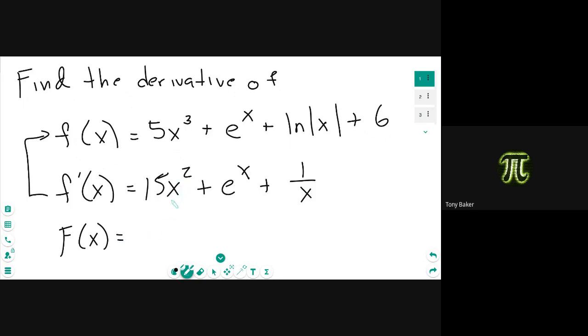Okay, so I would have to go, this would have to be 15 divided by 3, right? And that would be the x to the third. E to the x still e to the x. 1 over x would become ln of x, which, yes, is one you would have to know.